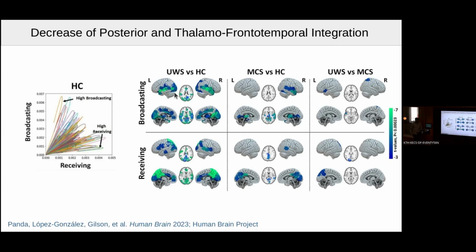So that's one way also to give potential therapeutic targets for the clinicians, to understand which regions would lack some dynamic properties and which regions could be stimulated to help the patient to recover from UWS to MCS.